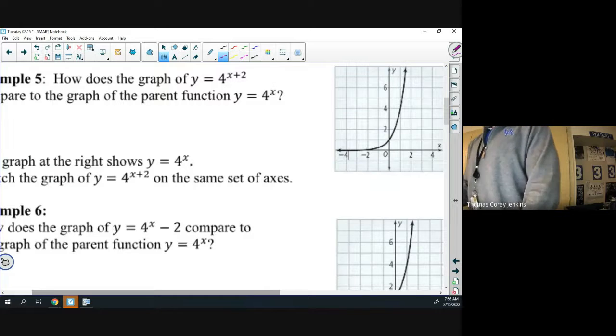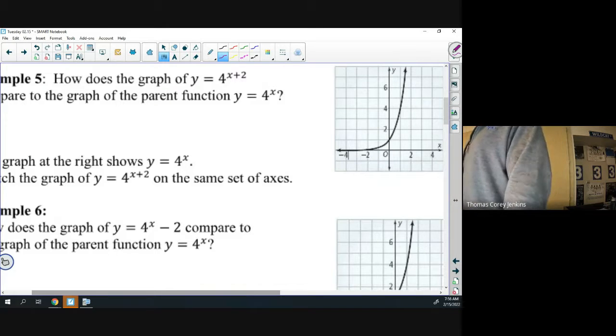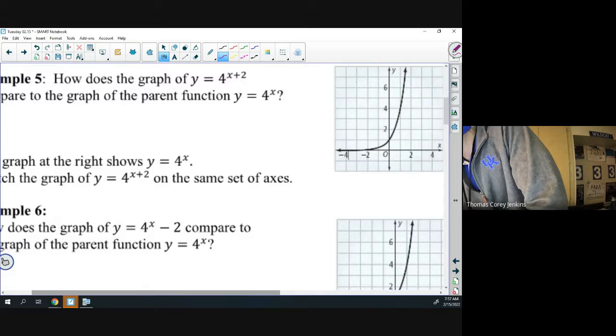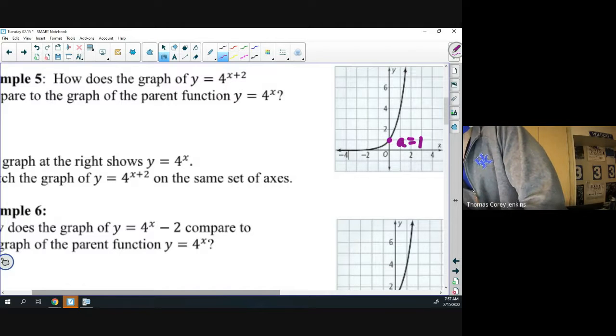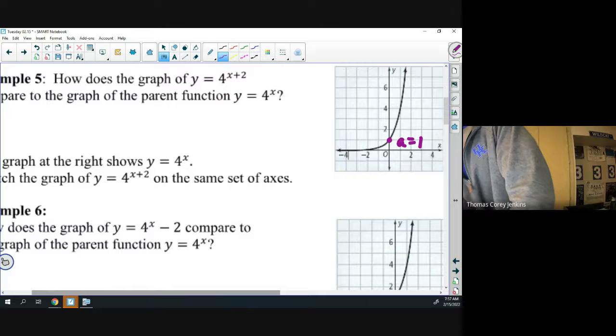I think you have one on your homework where you have to figure out the equation based on the graph. So just some things you can look at are, we know this tells us a, so a equals 1 here.